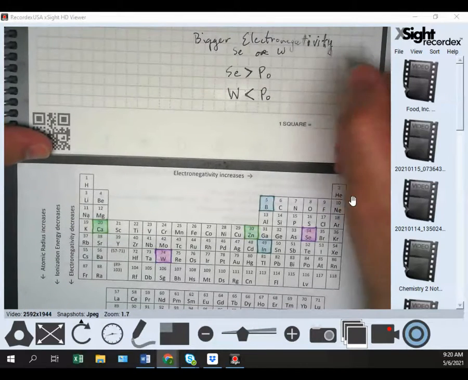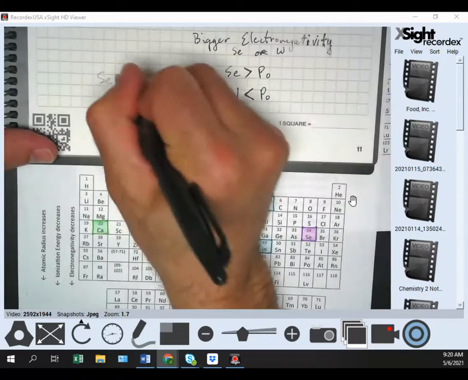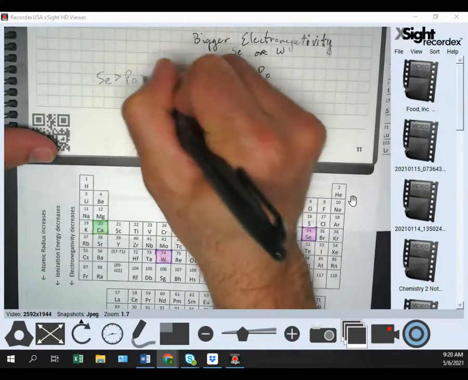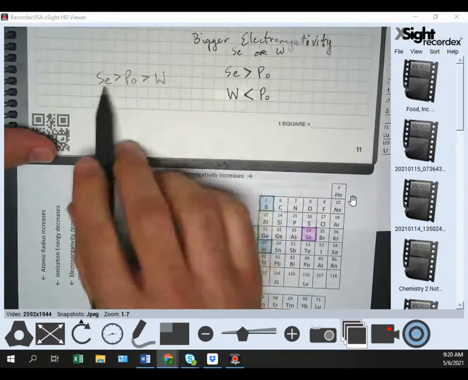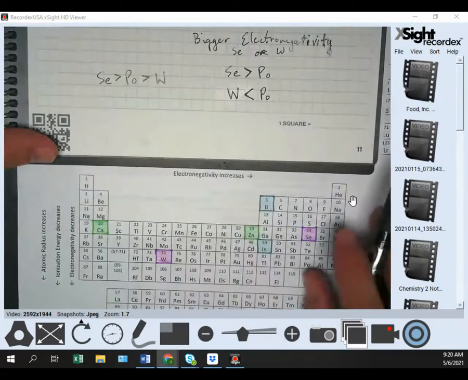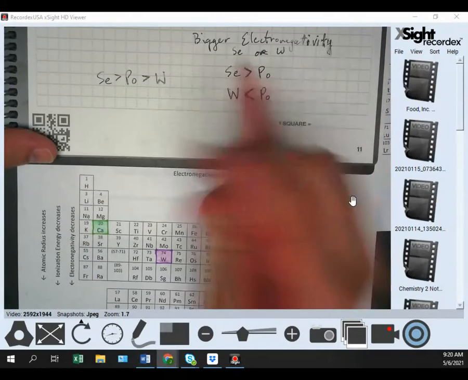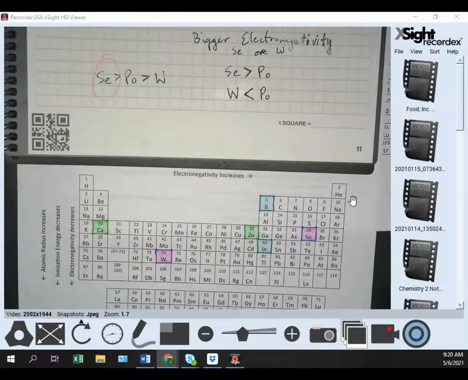So we've got Se, I'm just going to do it over here. Se is bigger than Po, and Po is bigger than W. So if we're comparing Se and W, which one has the bigger electronegativity? Se, because Se is bigger than Po and Po is bigger than W. So Se would be the one that has the bigger electronegativity.